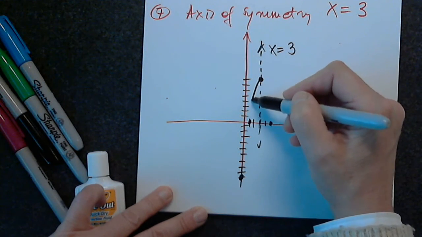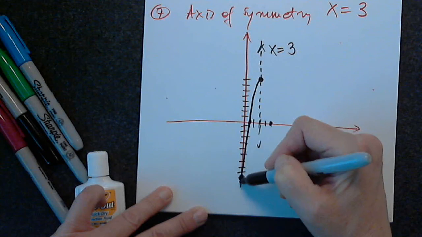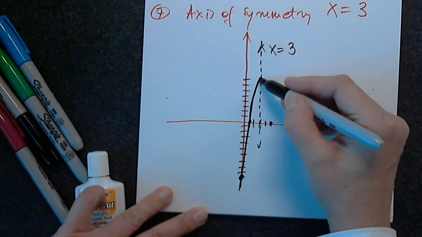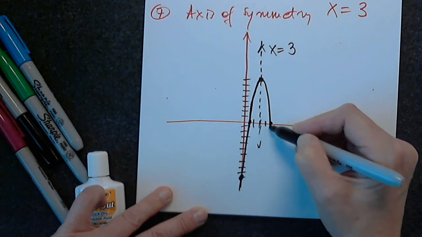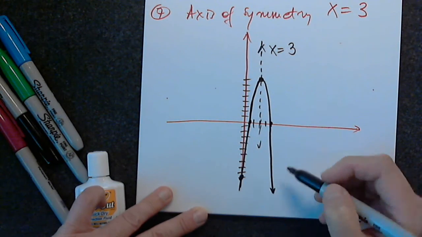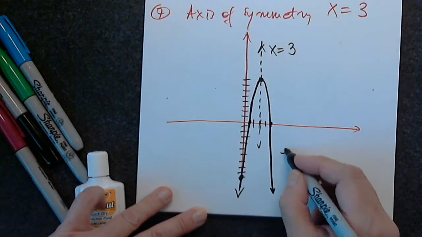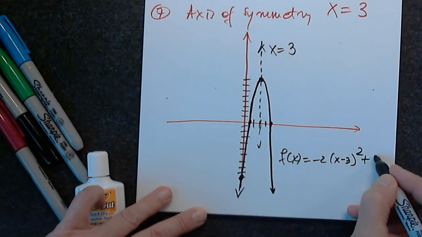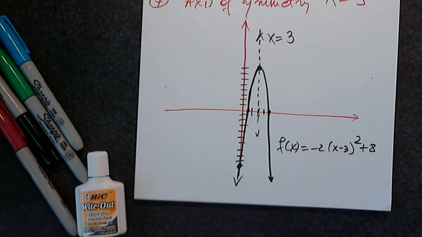So here's the graph of negative 2 (x minus 3) squared plus 8. And as I said, we knew everything about it. Very good question, Bob. Anything else?